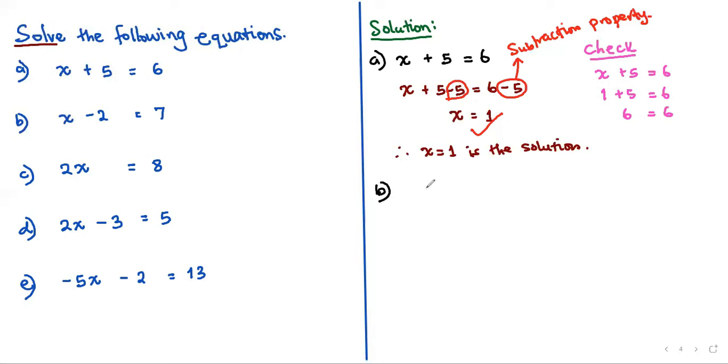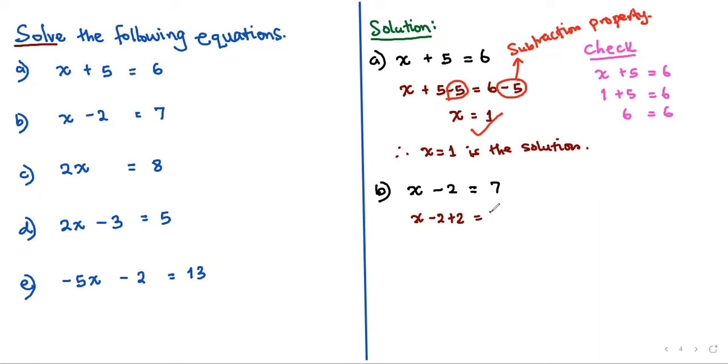Part B, we have x minus 2 equals 7. Now, for us to get 0 here, so that we remain with x alone on the left-hand side, we must use plus. So what are we going to add? We have x minus 2 plus 2, so that we can get a 0 here.